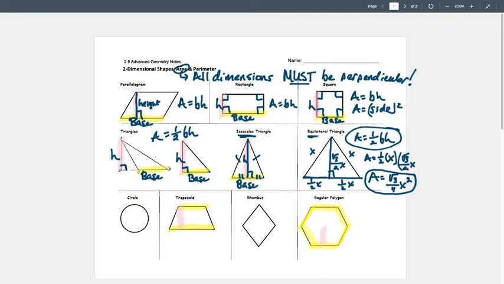Okay, on a circle we use the radius. The radius is drawn from the center to the edge of the circle. That's your radius. And I've been telling you this whole time that everything you multiply together has to be perpendicular. Well, on a circle, and we're going to talk about this later, there's a tangent line right here where it just touches the circle in one point.